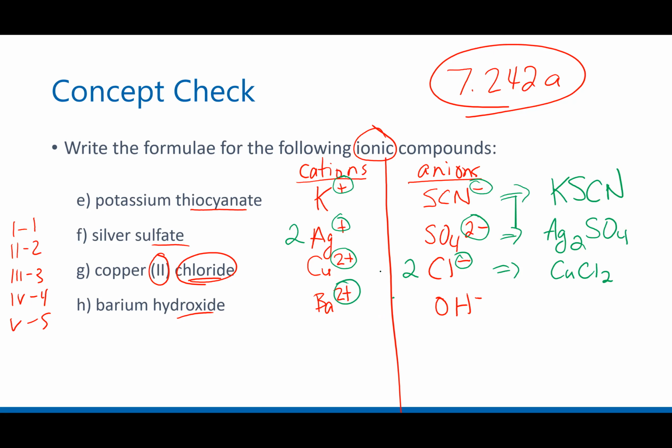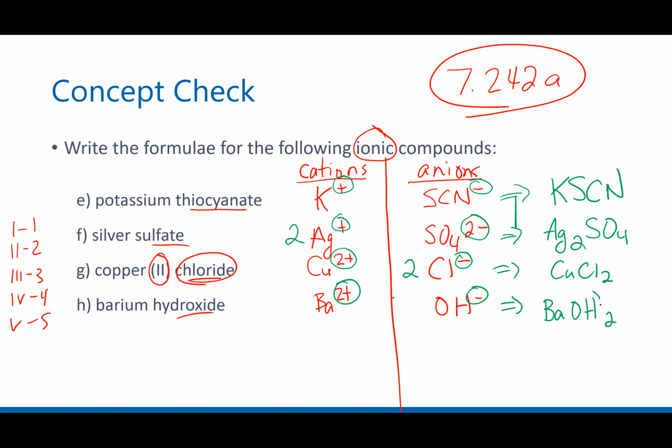And then the last one is a little bit tricky. I have 2 positive and 1 negative. Watch what happens here though. I have barium. Sorry, let me fix that. I have hydroxide, and I'm going to need 2 of them to balance that charge out. But there's a problem here. That 2 looks like it's just for the H, the hydrogen.